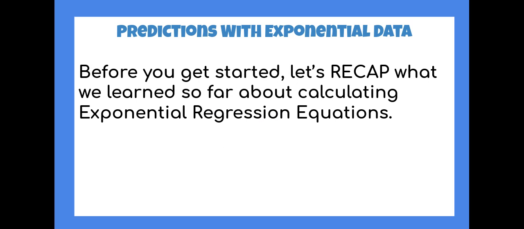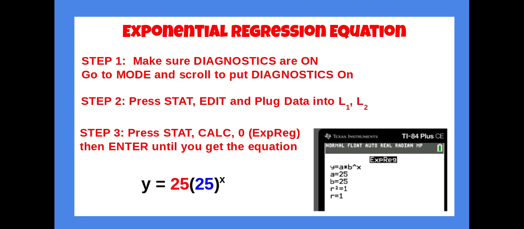Before we start, let's recap what we learned so far about calculating exponential regression equations. We made sure our diagnostics were on by pressing mode and scrolling to get diagnostics on. Then we pressed stat, edit, and plugged our data into list 1 and 2. We compared StatCalc 0 and StatCalc 4.